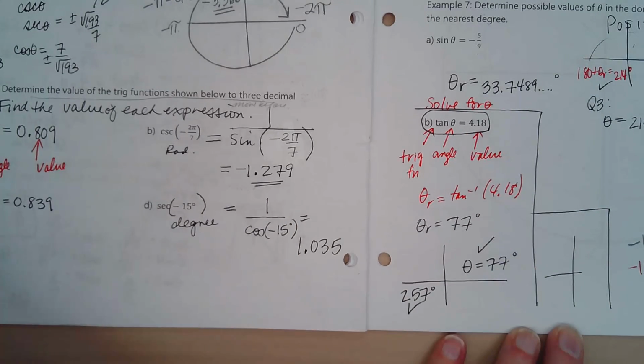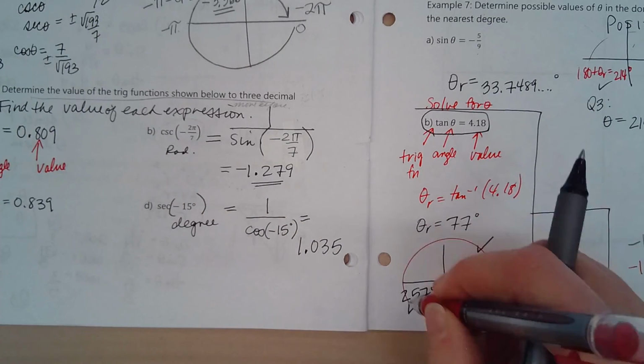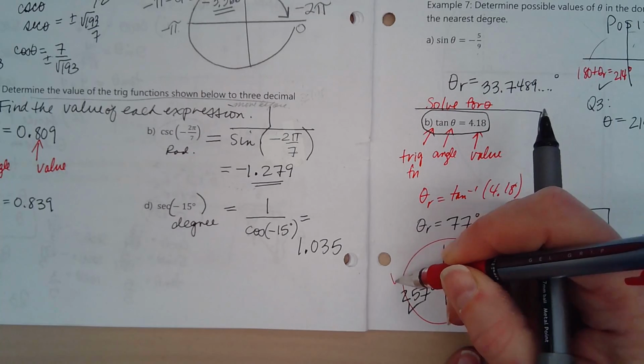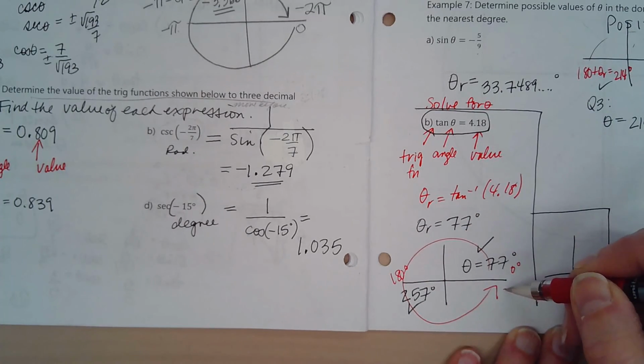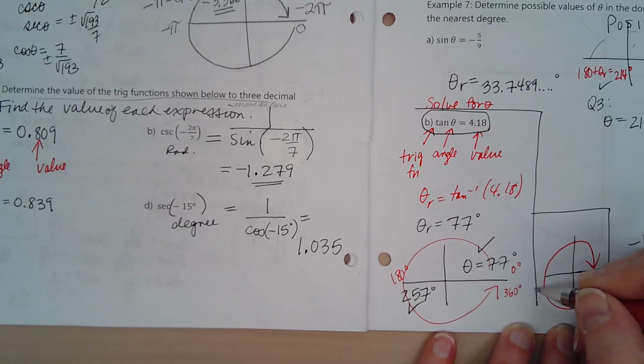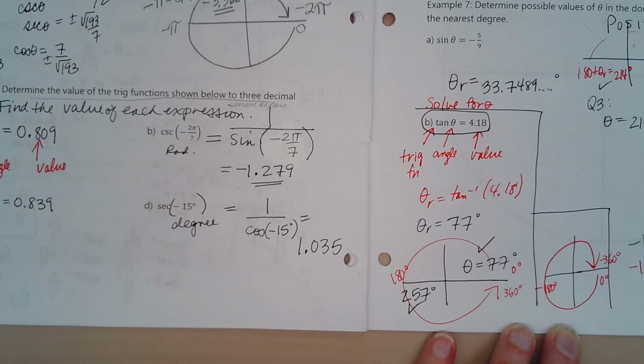That was positive. And positive means the numbers you need to keep in your head are the 0, the 180, and then the 360. And in the negative, you have to keep those same numbers, but in a negative, so it'll be at 0, negative 180, negative 360. Tan is still positive here and here.